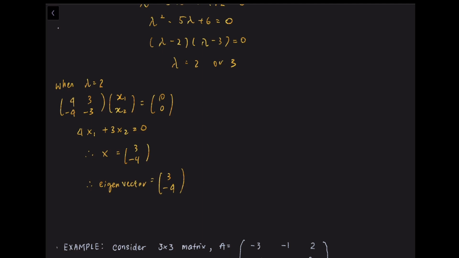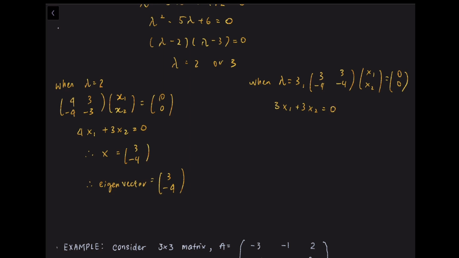When lambda equals 3, we will obtain this matrix [3, -4; 3, -4] times [x1, x2] equals [0, 0]. Thus, 3 times x1 plus 3 times x2 equals 0 is the only independent equation, which of course is equivalent to x1 plus x2 equals 0.